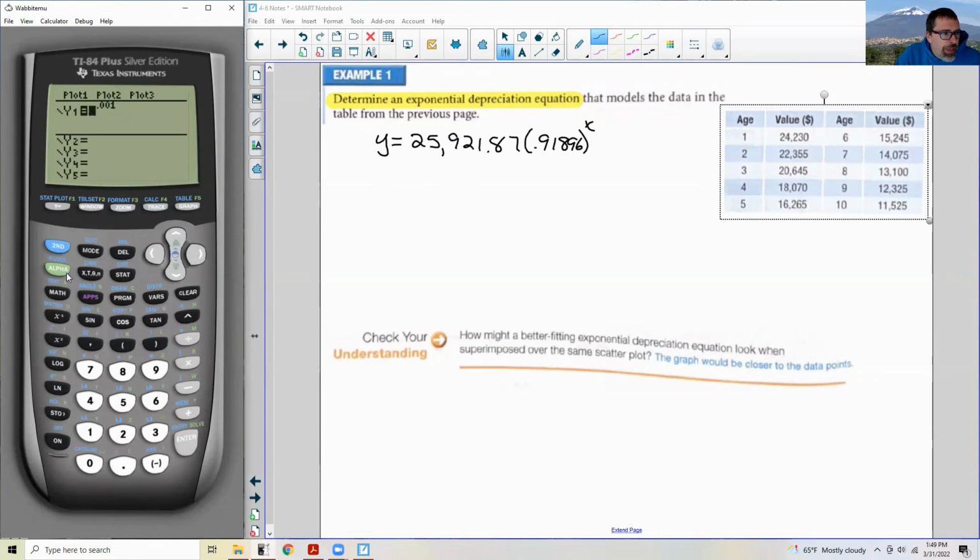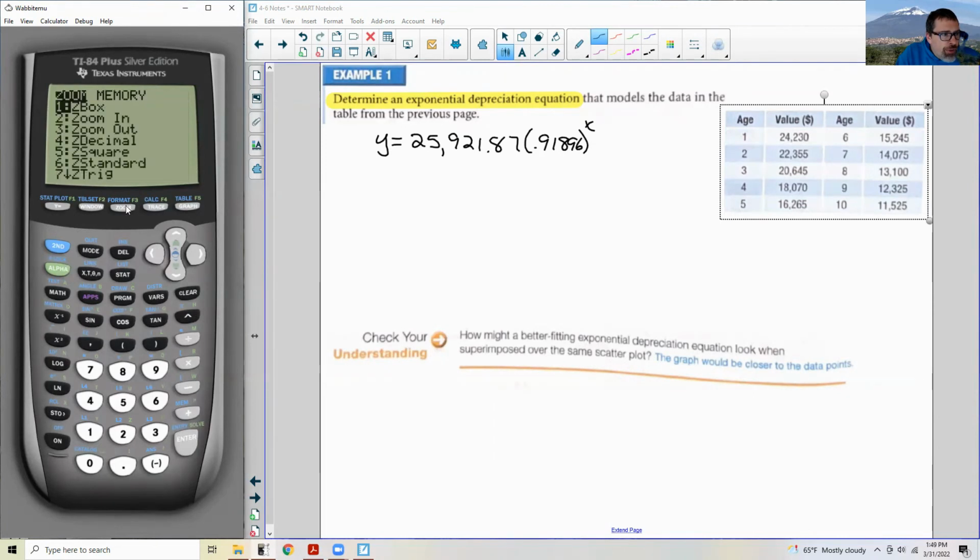The easiest way to do it, I guess, is if you go to y equals, arrow up and hit enter. Now plot 1 is on, and I'm going to clear that. Now I want to store that value in there. So in order to store this here, you're going to go to y equals, press vars, 5 for statistics, arrow over to EQ, and number 1 is regression equation. And it automatically puts that in without rounding.